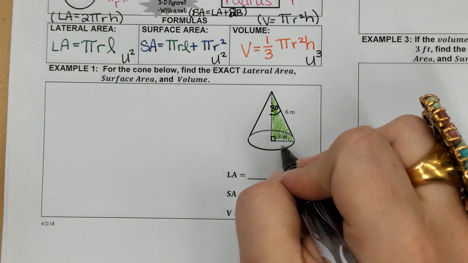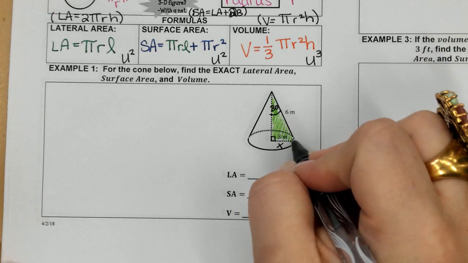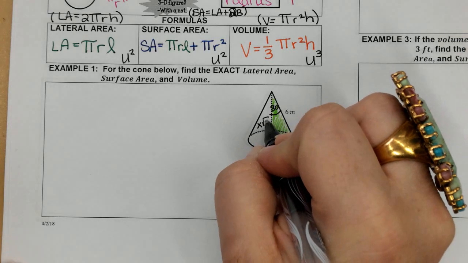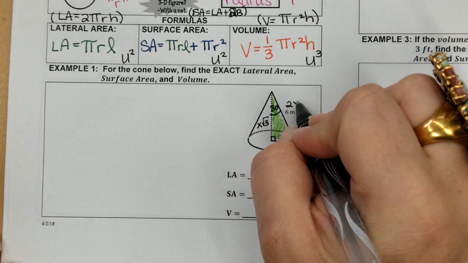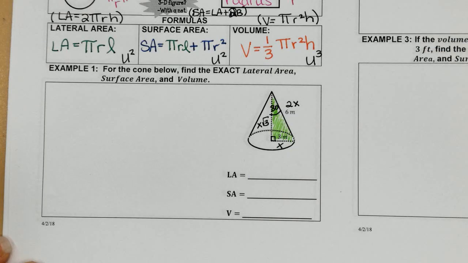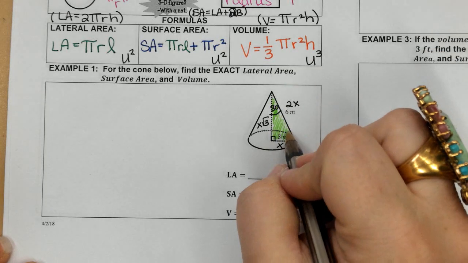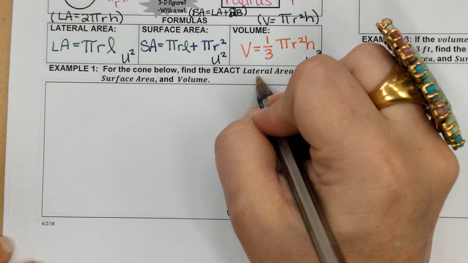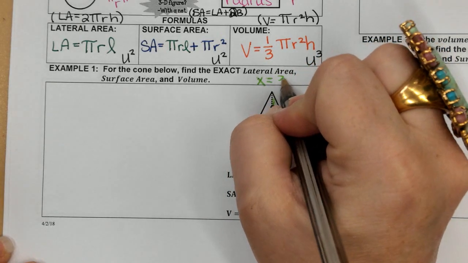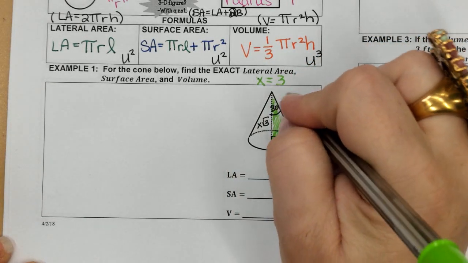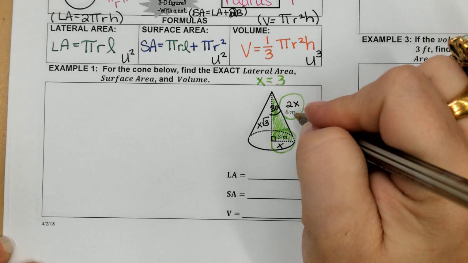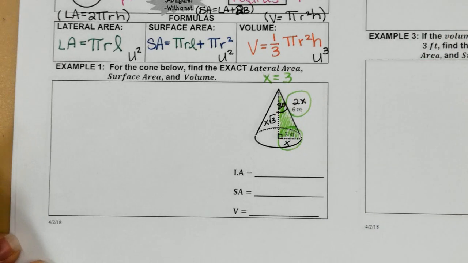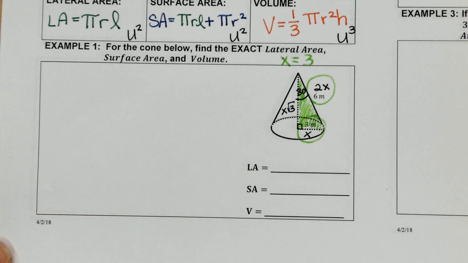Opposite of 30 is x, opposite of 60 is x square root of 3, and the hypotenuse is 2x. So I circle my given information, and I find out that x is 3. That should make sense because 2 times 3 is 6, so that does follow that rule.